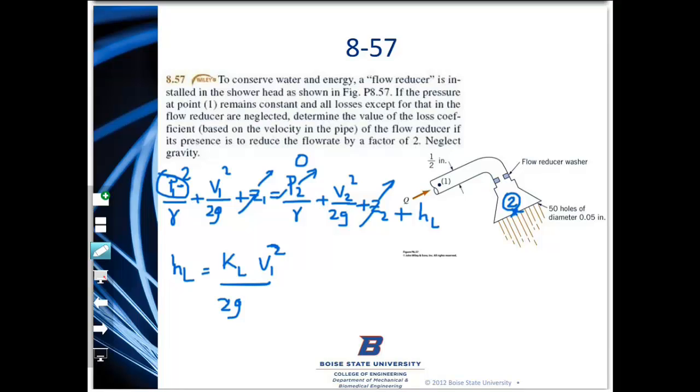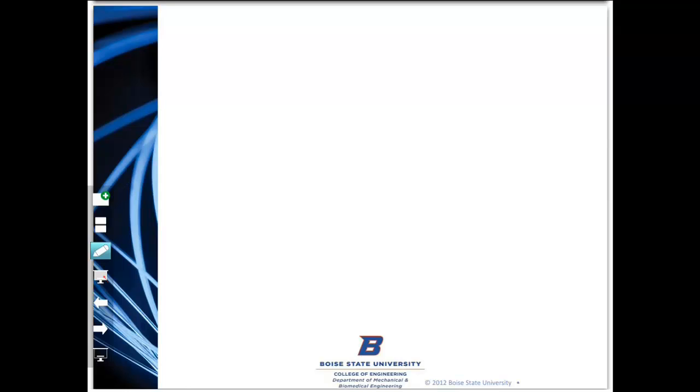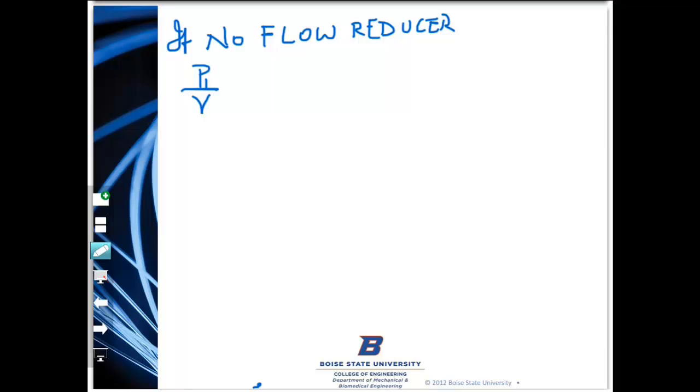So the way to do that is, since the pressure at 1 remains constant, if you had no flow reducer, we can go ahead and write the energy equation for that. So if no flow reducer, then you have P1 over gamma plus V1 square over 2g will be equal to V2 square over 2g.